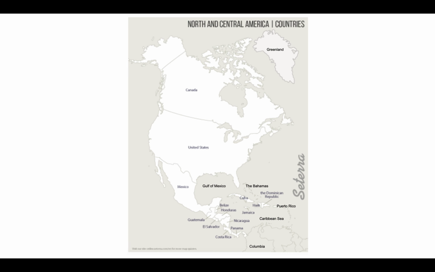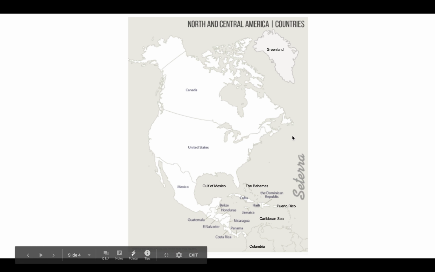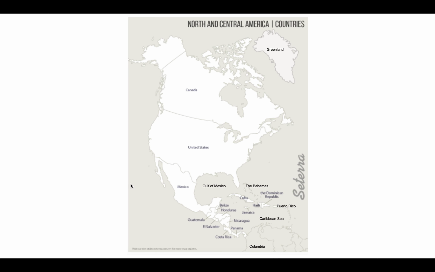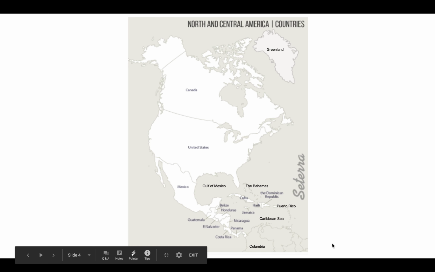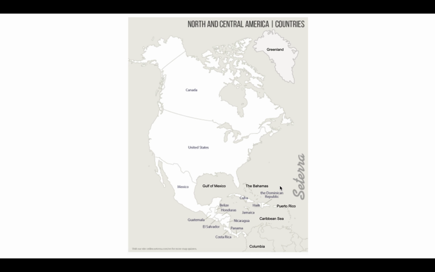And that is why the Panama Canal was built right there, so that boats that were coming from here could go through and come over to this side and keep going, so they would not have to go all the way down and around the very tip of South America.